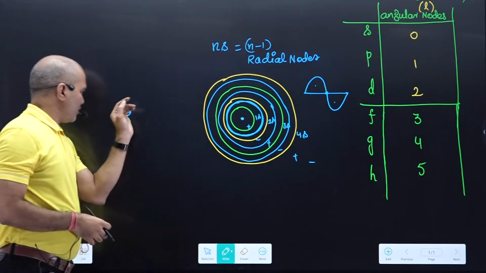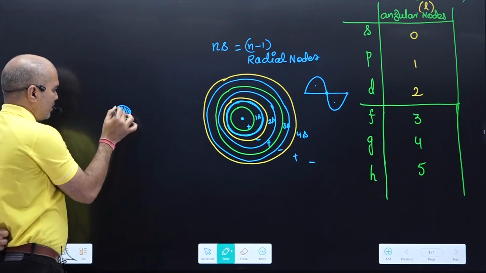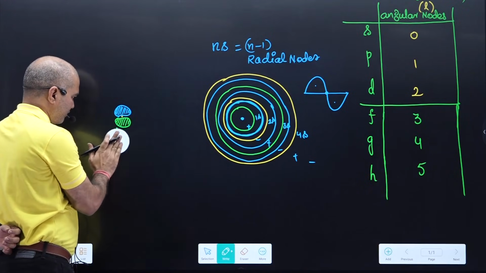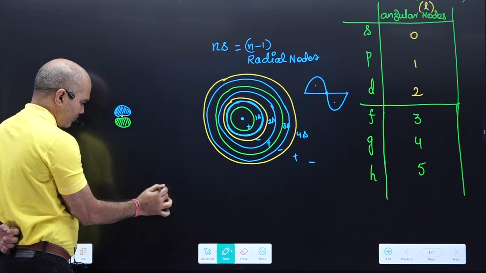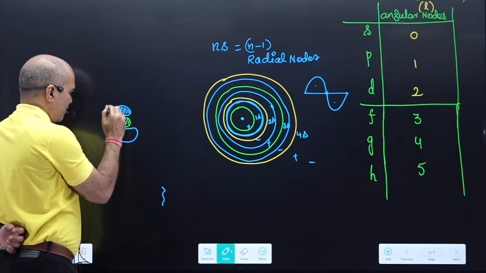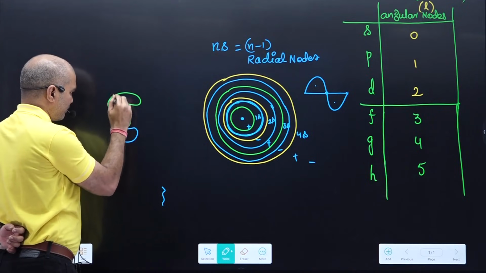So here if I give you 2p orbital, then this will be of 3p. 3p will be large.